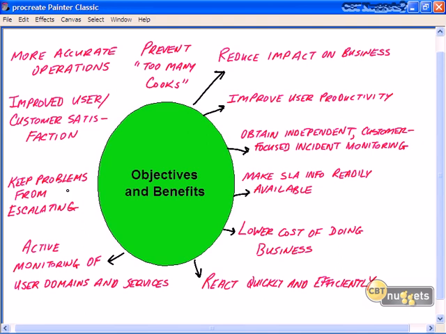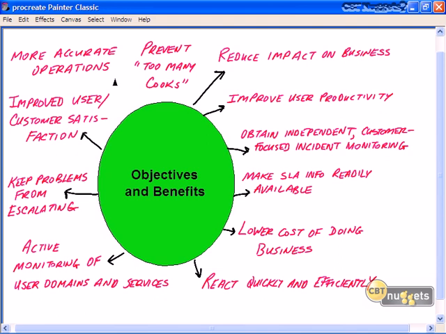We also want to keep problems from escalating. Now that's a funny term to use because from time to time we will have to escalate the problem either vertically or horizontally to other tiers. But from escalating, I'm using the term here as it relates to becoming a bigger problem. By handling incidences quickly and efficiently, we can improve our user and customer satisfaction and overall goodwill to our company.